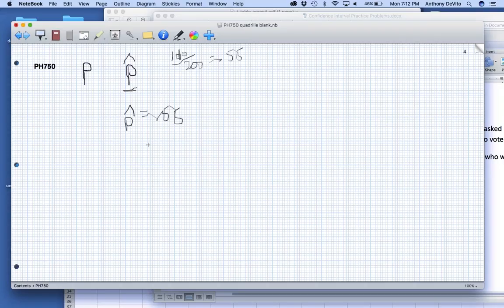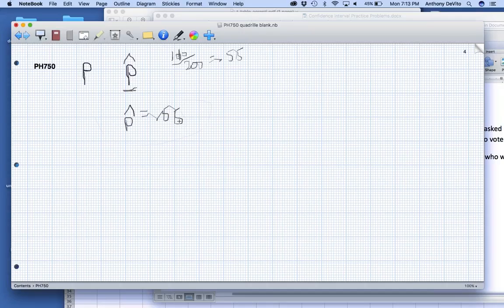So now we want to know the range within which we would expect to capture the true proportion of the population that's actually voting yes. So we're going to use this to determine the variability of the sample.